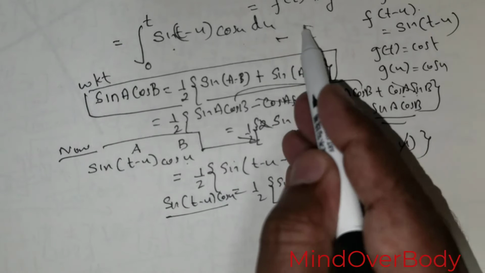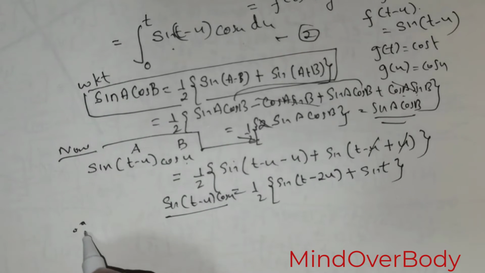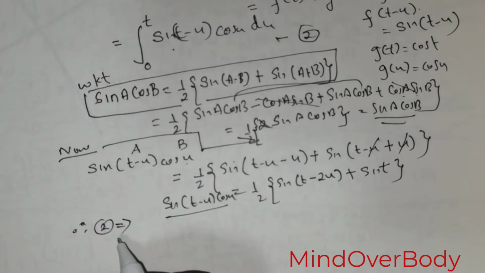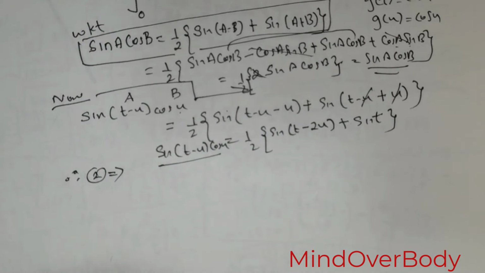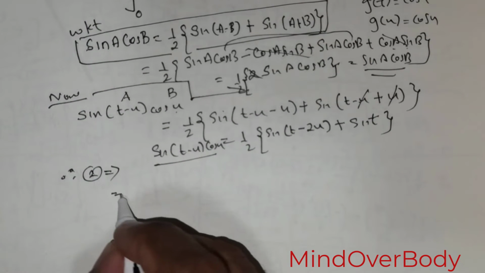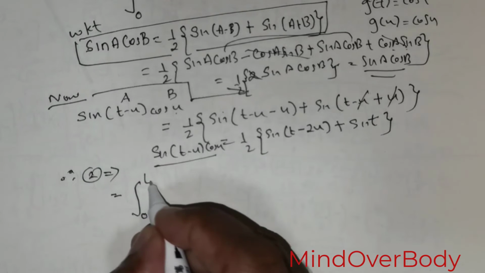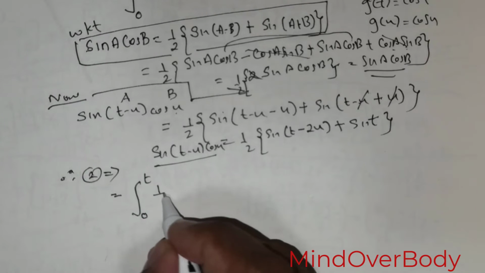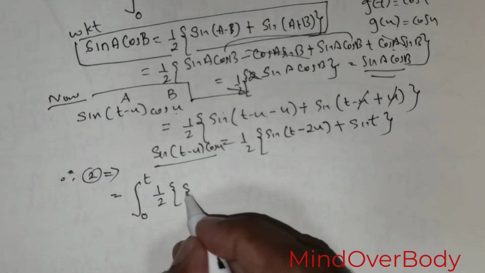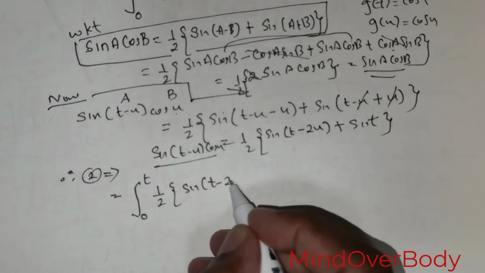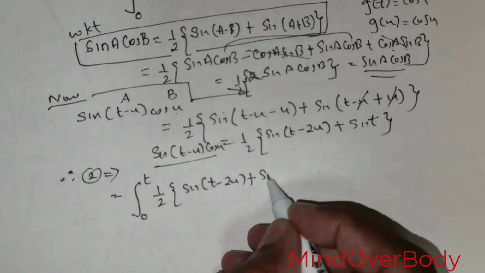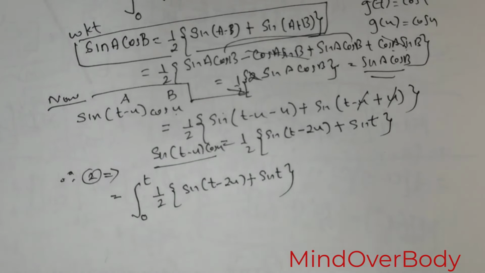So if I were to take this as 2, I'm going to say therefore 2 can now be rewritten as integral 0 to t, this is 1 over 2 times sine of t negative 2u positive sine t.